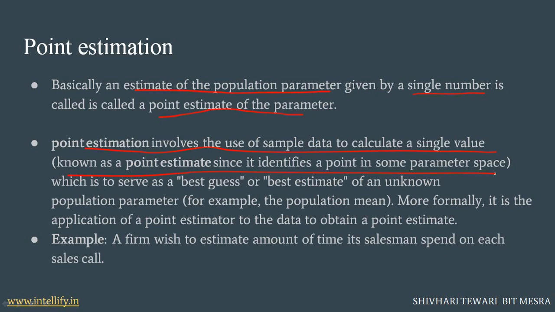In that case, only the data of those patients is used to calculate a single value, not the data of other patients that we have already filtered out. And it serves as a best guess, or best estimate, of an unknown parameter. So the parameter is basically unknown.